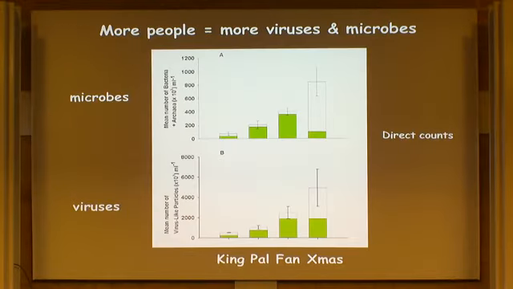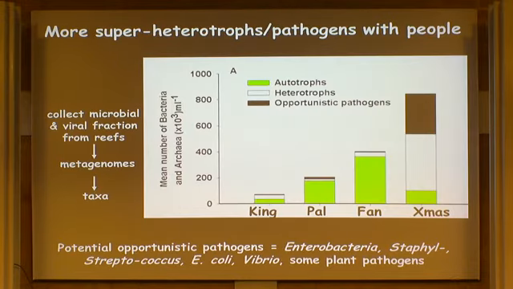Okay, so the microbial numbers go up by an order of magnitude, and they also switch. This is just metagenomic data again from an earlier study. All I wanted to point out is that you go through this thing where you see more autotrophs like cyanobacteria, a different type than what we see on a healthy reef.